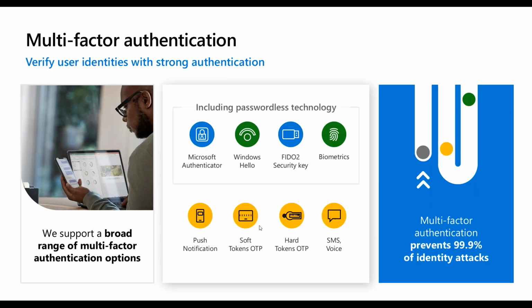So one of the features that obviously underpins this is multi-factor authentication. If you turn on MFA, you eliminate a huge percentage of attacks. And now you've got different ways of applying MFA. So not just the old telephone call or SMS text message.